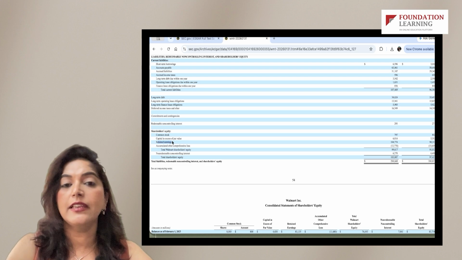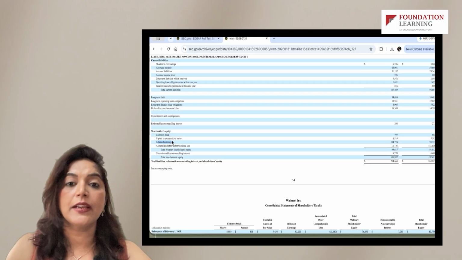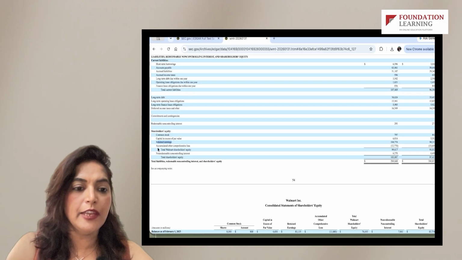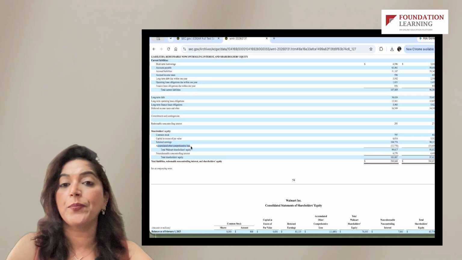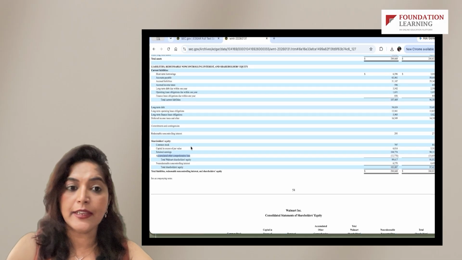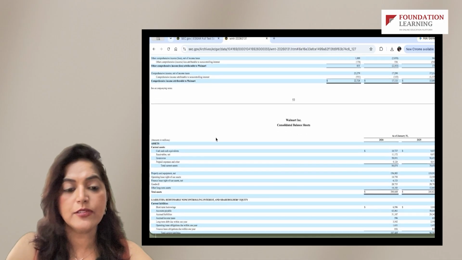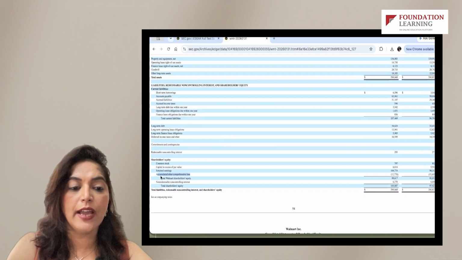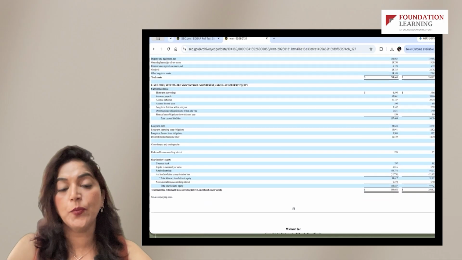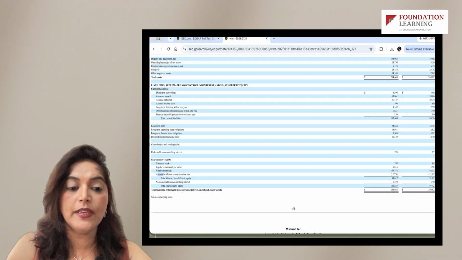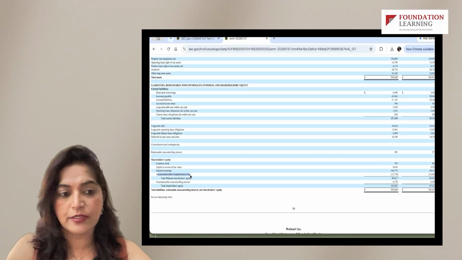Retained earnings are basically where the net income of the company gets parked. Then you have accumulated other comprehensive loss. The OCI item gets added on a year-on-year basis to accumulated OCI. Here in this case, we had accumulated other comprehensive loss.